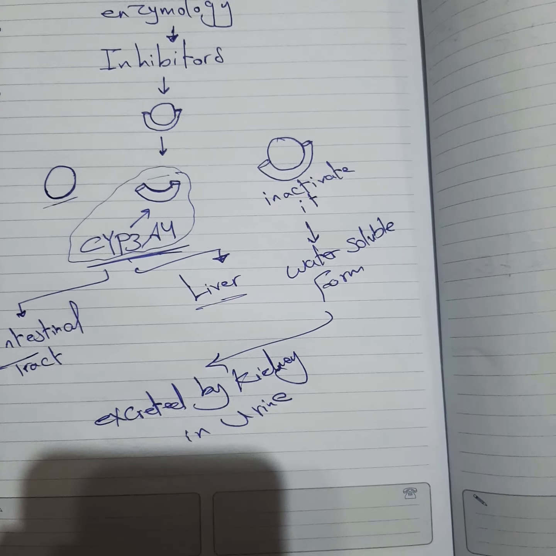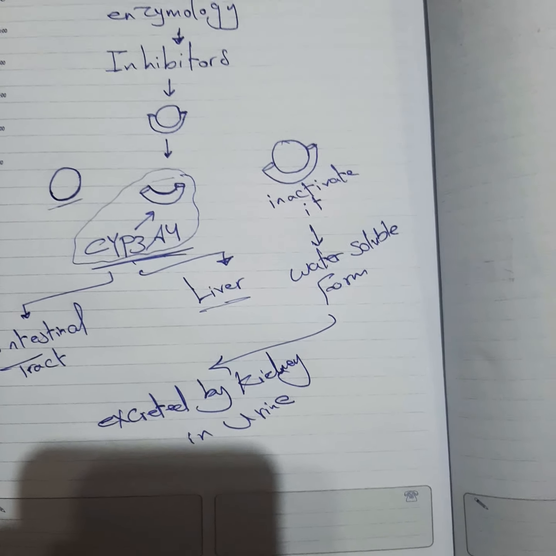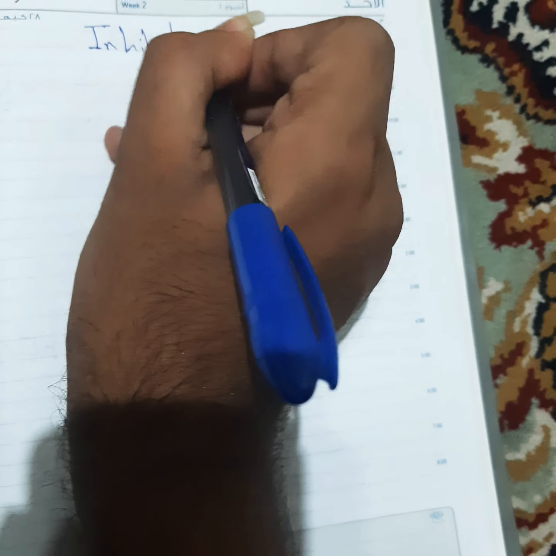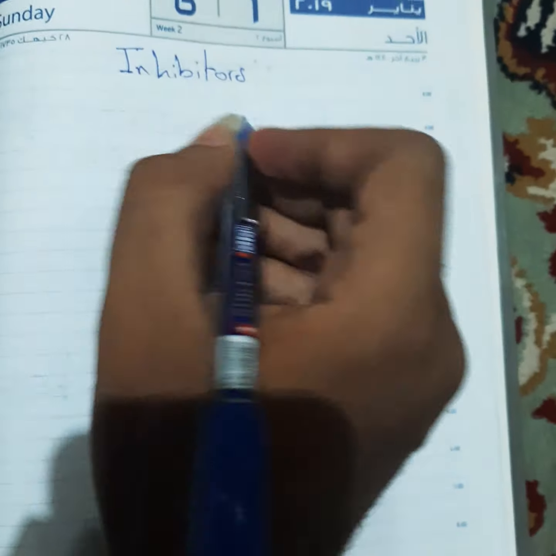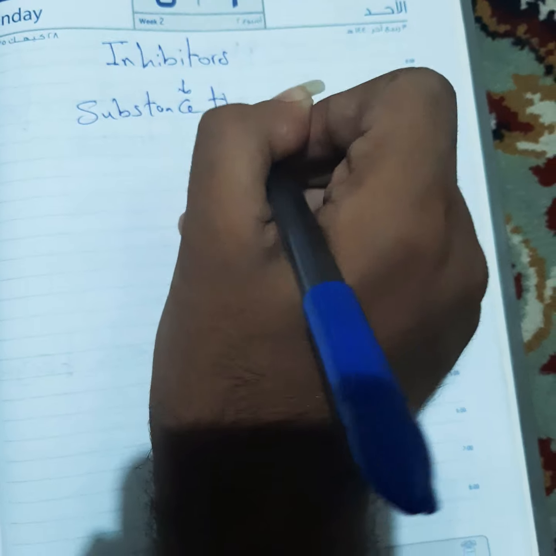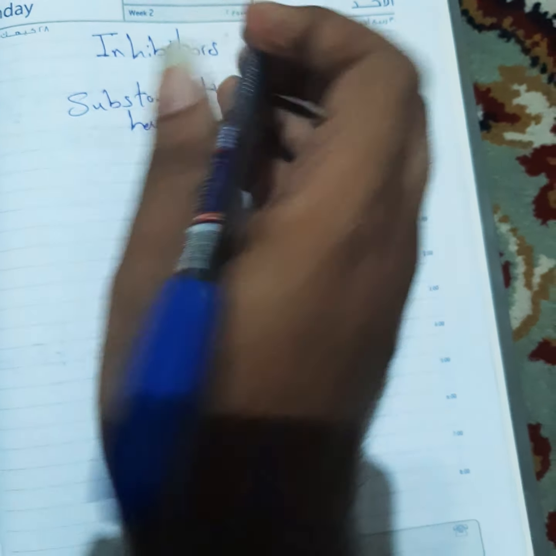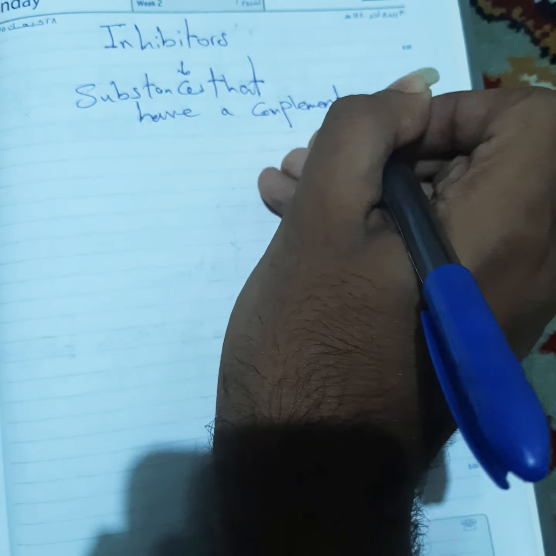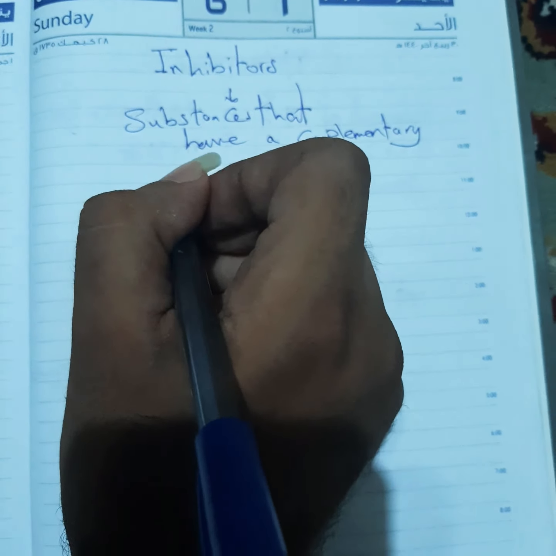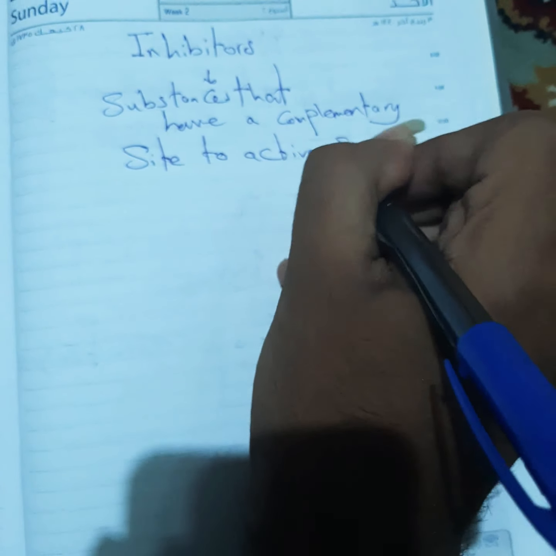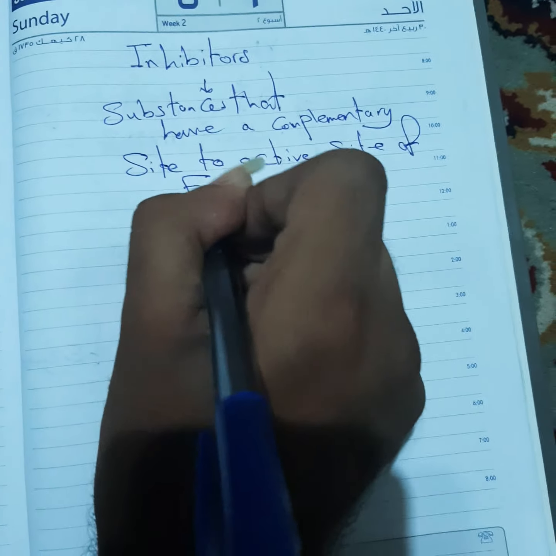So we need to inhibit this enzyme, to control the overexpression of this enzyme, for our system to get benefit out of our drug like the first time. So what will we do? We will go back to our definition: inhibitors. Inhibitors are substances that have a site complementary to the active site of the enzyme, like that.